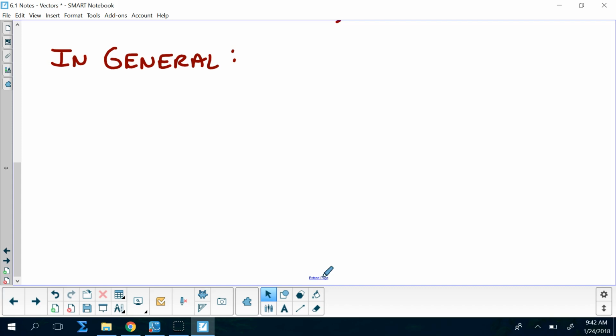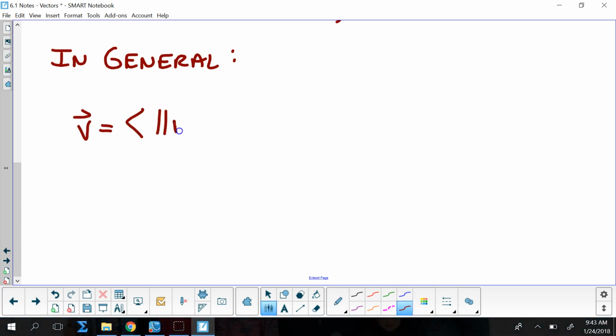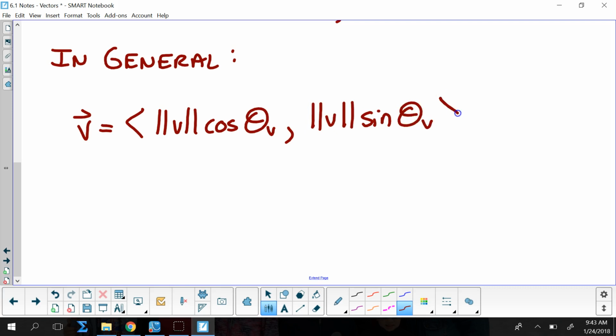Or I could just say that vector v is equal to the magnitude of v times the cosine of v's direction, comma, the magnitude of v times the sine of v's direction.